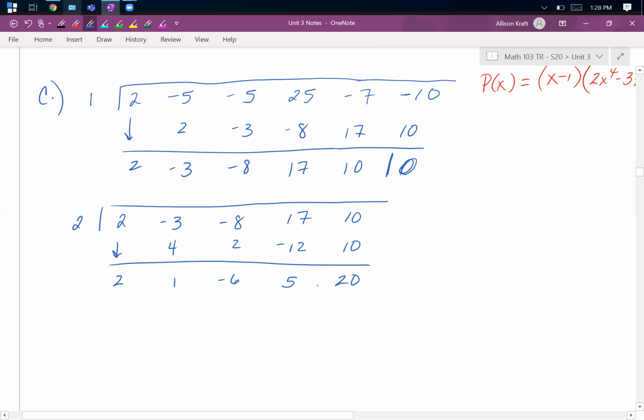Well, remainder of 20, so that didn't work. Let's pick something else.